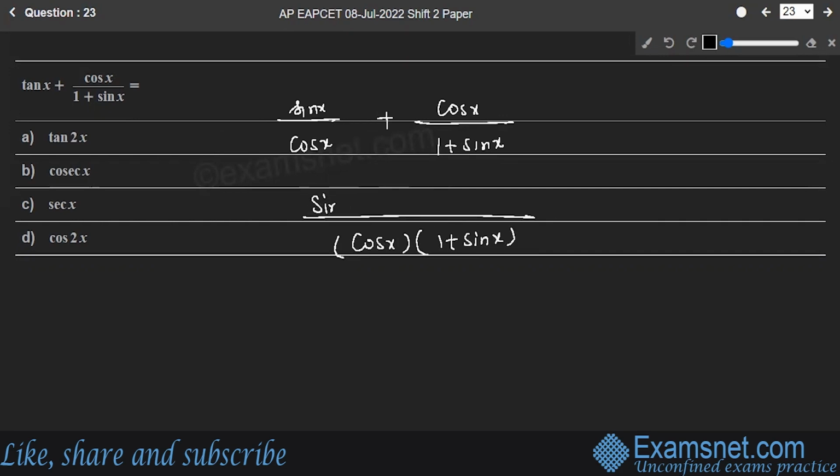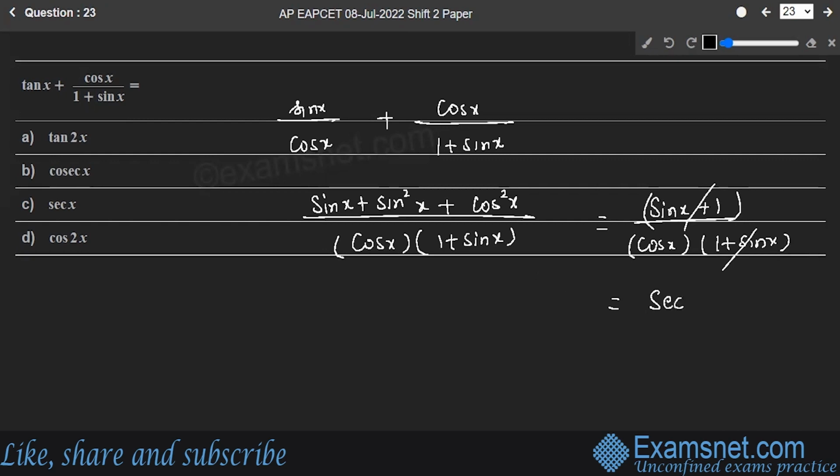This will make it sine x plus sine square x plus cos square x. This makes it sine x plus 1 upon cos x into 1 plus sine x. They will cancel out, and you will have 1 upon cos, that means secant x, as the answer to our problem. Option C.